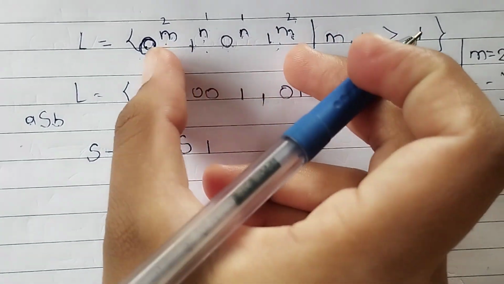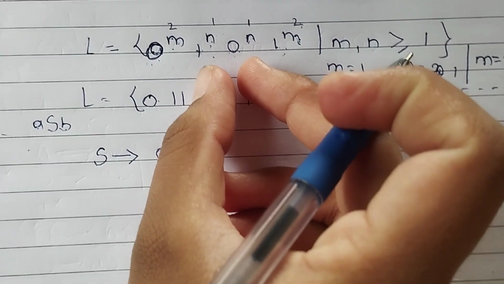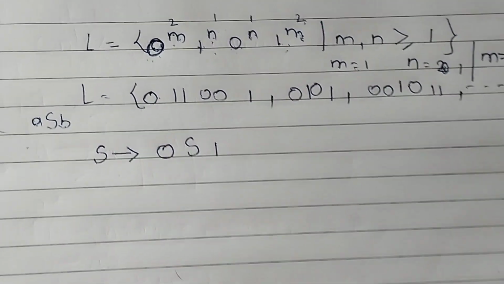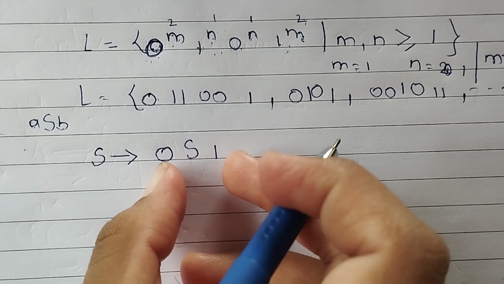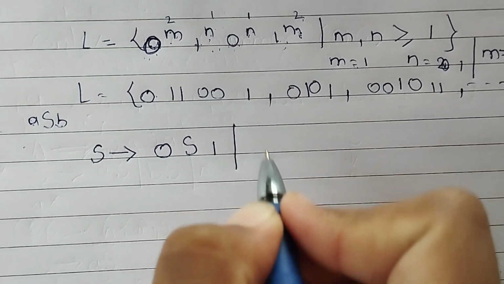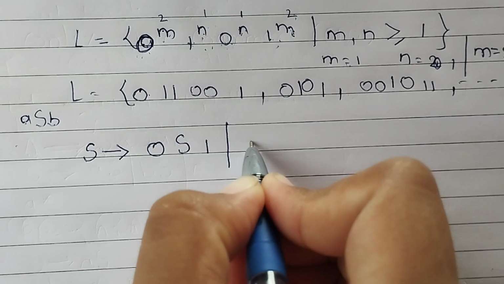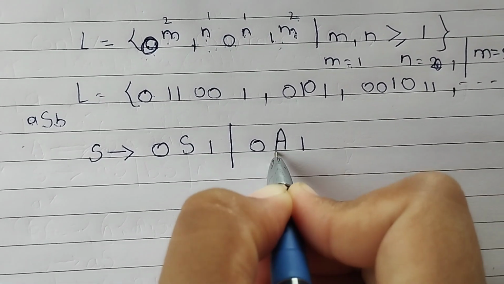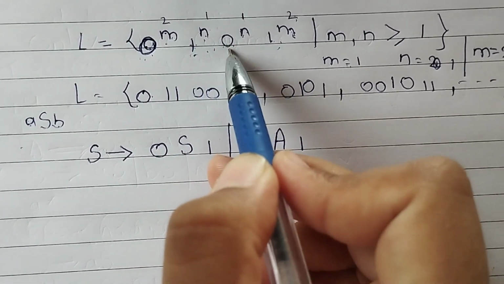Now in this production, the middle is 1 raised to n, 0 raised to n, which means one more production is essential. So between 0 and 1, this A comes, and this A I can write as 1 raised to n and 0 raised to n.